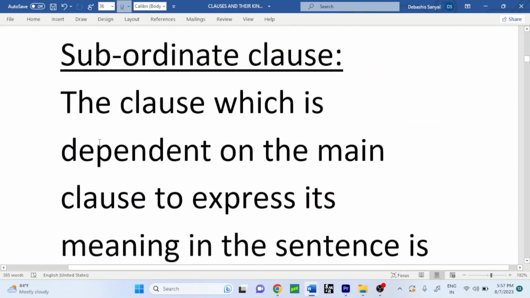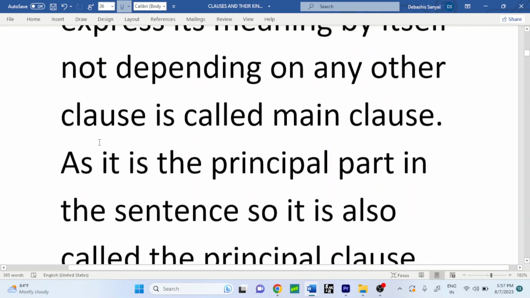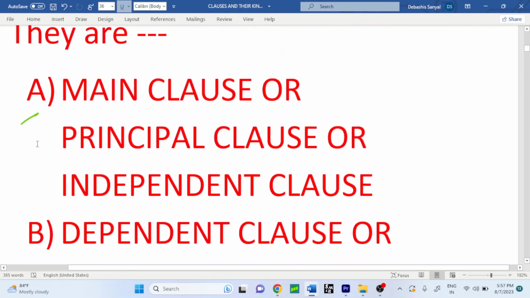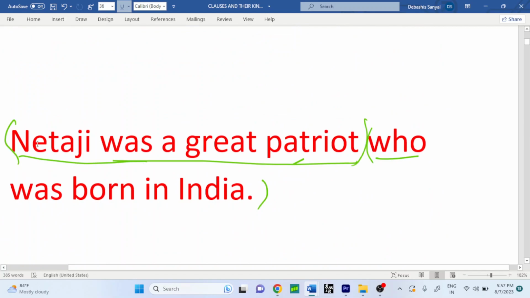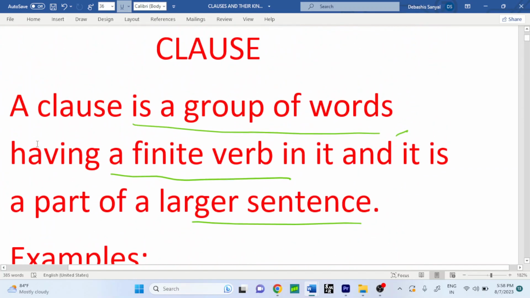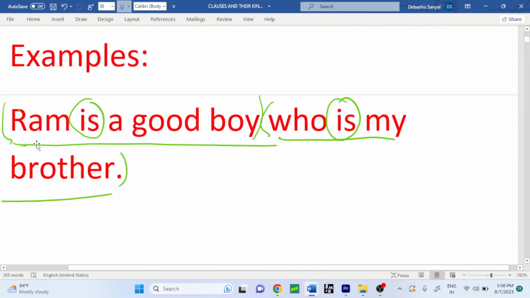Let's see the example which is written by me, now that we have already learned the definition of clause. The very first one is: Ram is a good boy who is my brother. There are two clauses there. "Ram is a good boy" is a group of words having a finite verb.